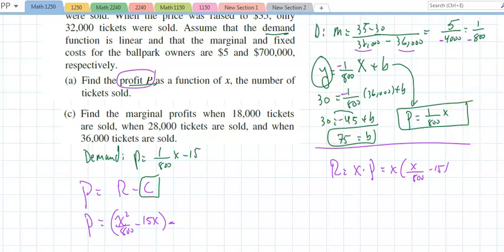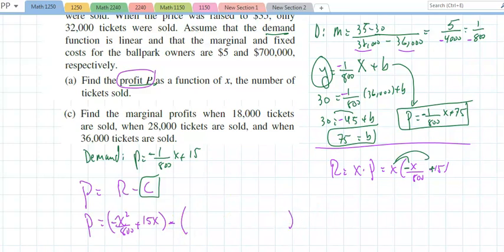I got those backwards. I'm like, it's not working. Why is that? Because I made a mistake. So this is negative and this is positive. Negative and positive. And if you distribute this in, that becomes a negative x squared plus 15x.